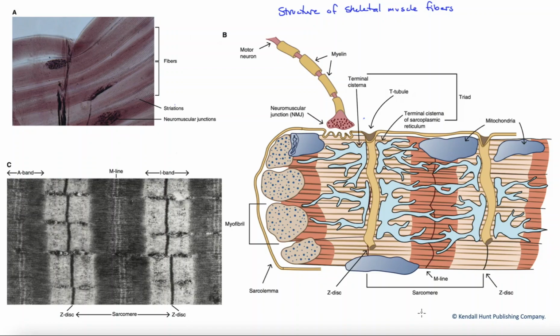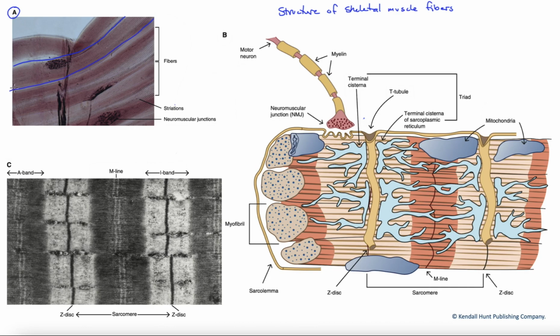In this video, we're going to look at the structure of skeletal muscle fibers, which are skeletal muscle cells. And they're called fibers because they are such elongate cells. They're very long. As we can see in panel A here, a photomicrograph, these cells are formed by cell fusion during development.